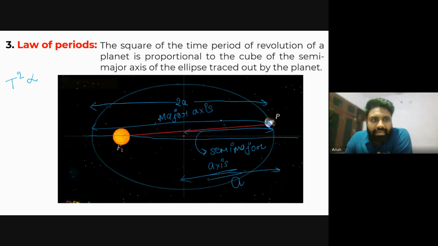So you can say that the square of the time period is directly proportional to the cube of the semi-major axis. This is the law of period.